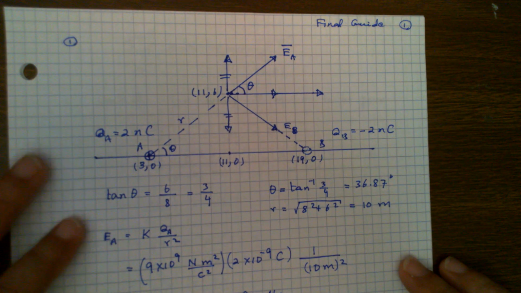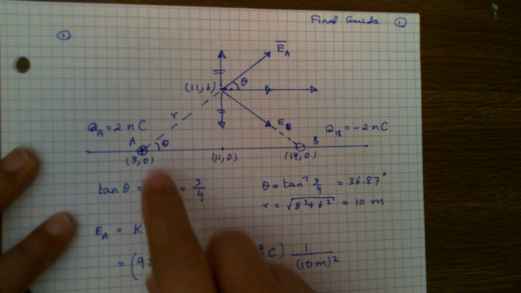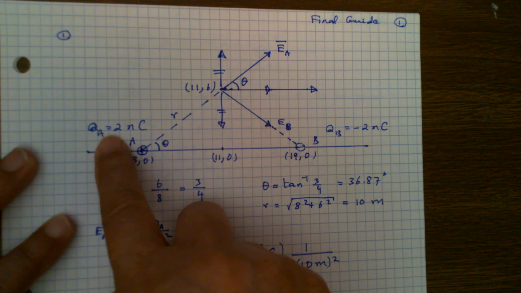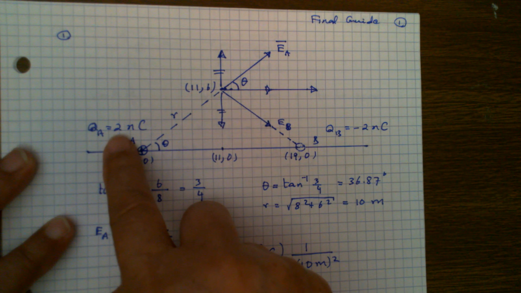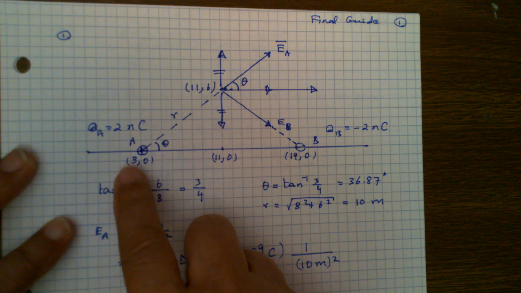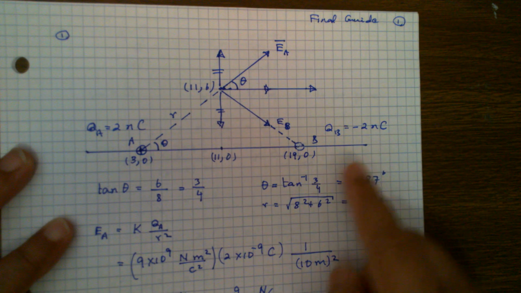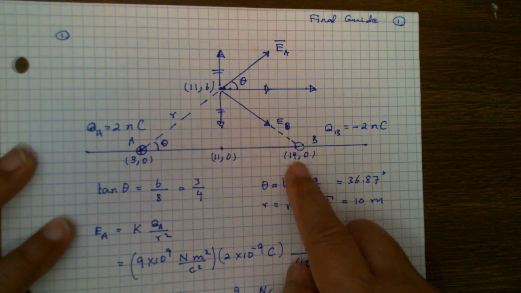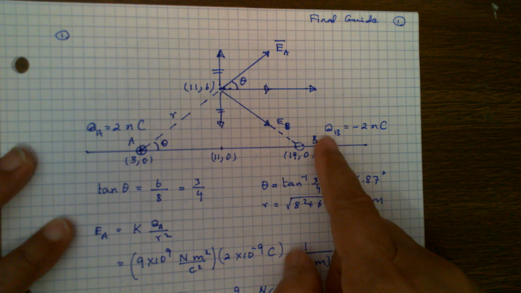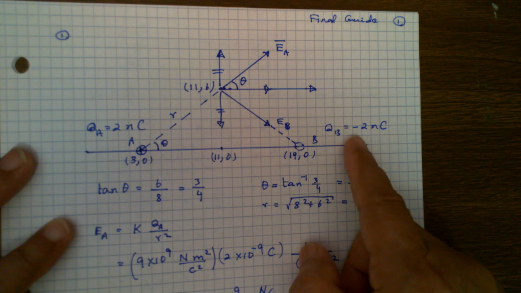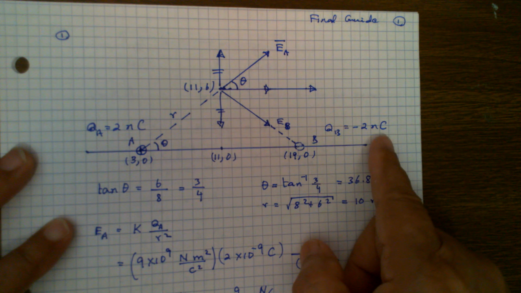So this is how you set up the problem. The first charge, I call it QA, is 2 nanocoulomb located at (3, 0). See, this is the x-axis. And at (19, 0), charge QB has negative 2 nanocoulombs.